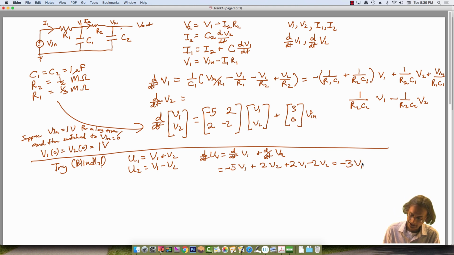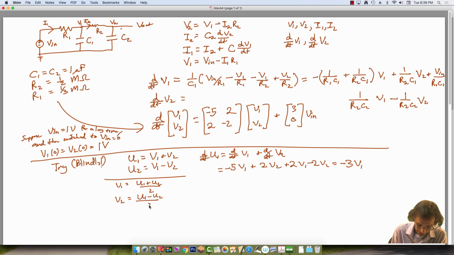But we want everything in terms of u1 and u2, so we can kind of make little notes for ourselves. What are v1 and v2 in terms of u1, u2? So v1 equals clearly u1 plus u2 divided by 2, and v2 clearly equals u1 minus u2 divided by 2.